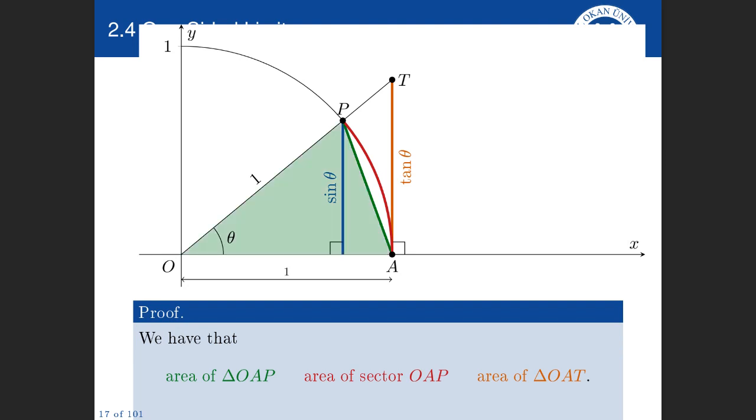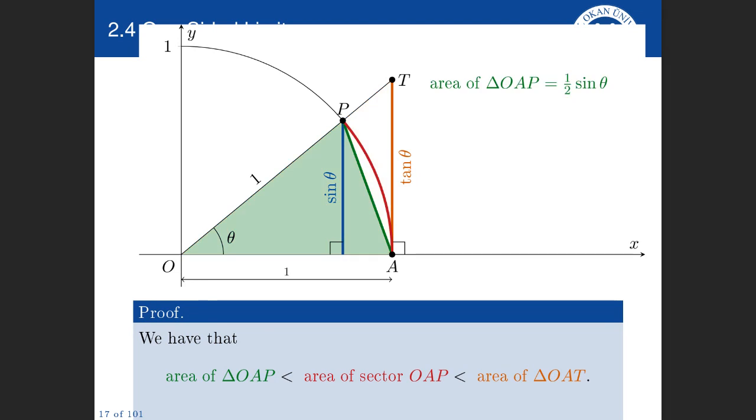I'm interested in the area of this green triangle, the triangle with corners at O, A and P. I'm interested in the area of this red sector, the sector with corners at O, A and P. And this area is bigger than the area of the green triangle. And I'm also interested in the area of this orange triangle. And this area is going to be bigger than the area of the red sector.